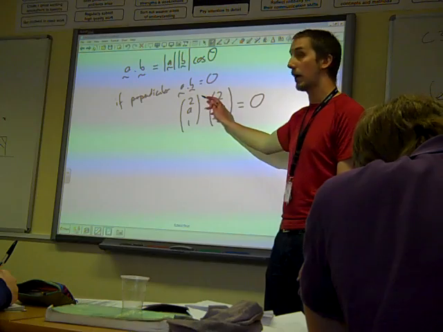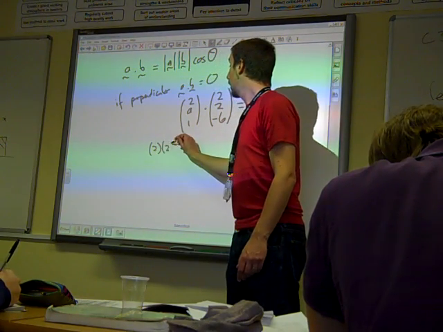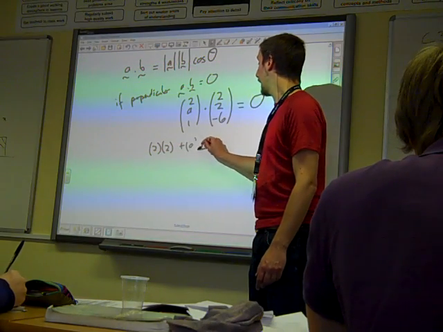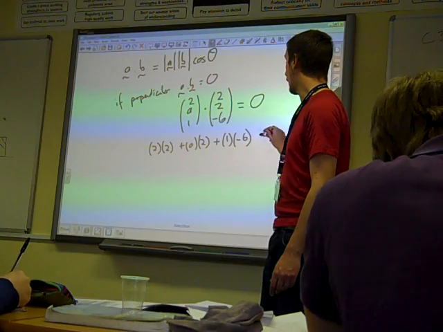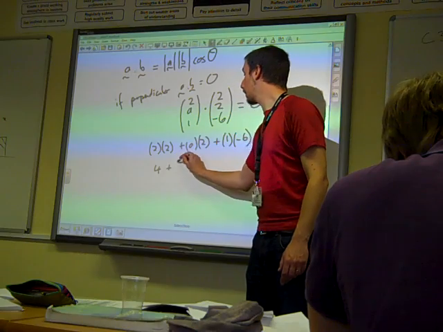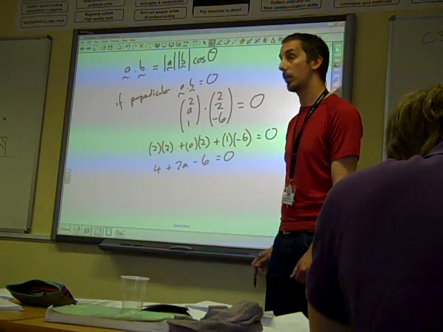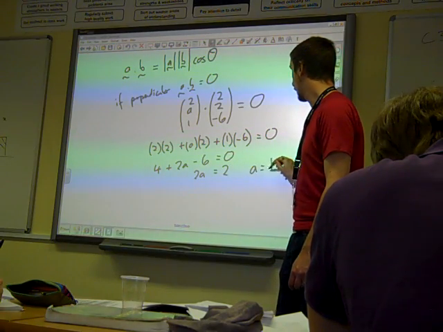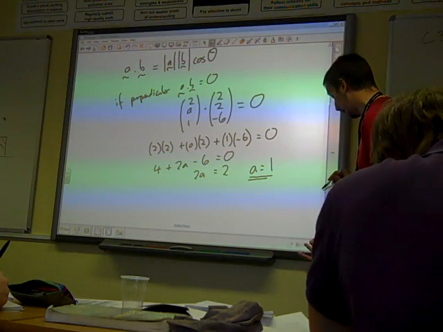You multiply the i bits together, add what you get when you multiply the j bits, and add the product of the k bits, giving us 4 + 2a - 6 = 0. In other words, 2a = 2. If they're perpendicular, a is 1. It was that simple.